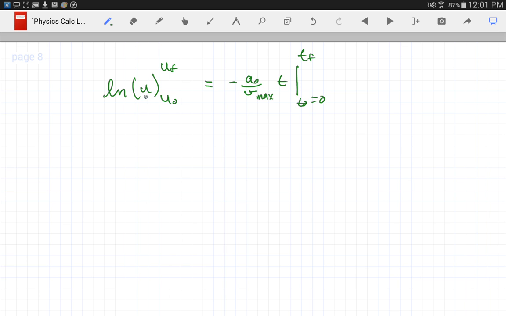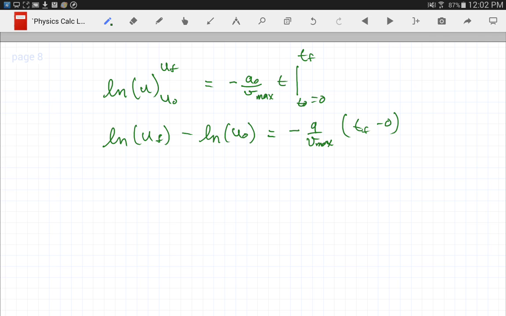Taking those limits for the natural log, I'll write it out long form for people who want to see that. There I wrote it out long form.